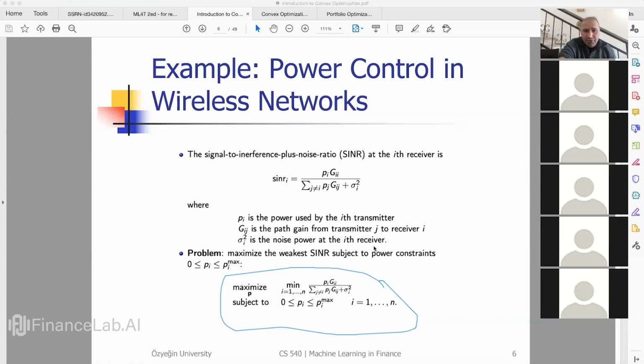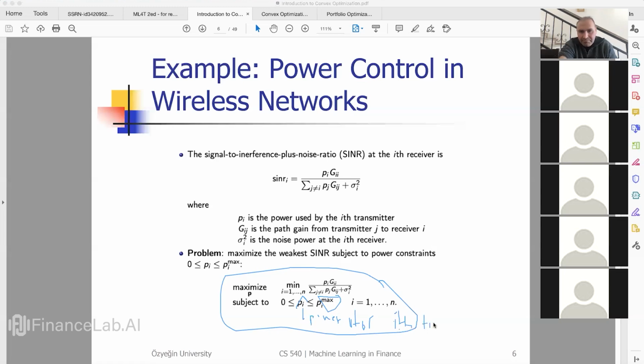And in this case, we try to maximize the weakest SINR, signal to interference plus noise ratio, subject to the power constraints. We have a maximum power, so we cannot assign a power greater than Pi max to each Pi, the power for the ith transmitter.